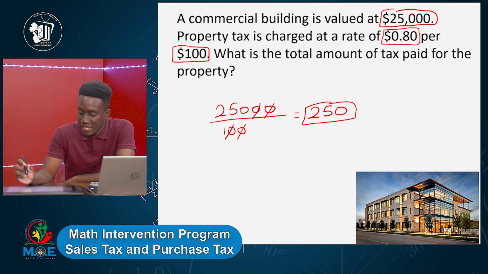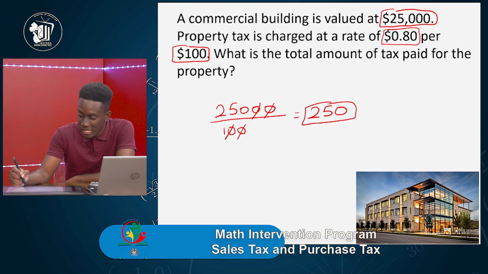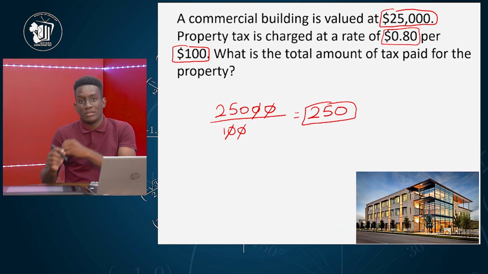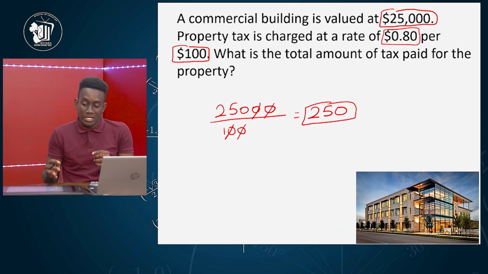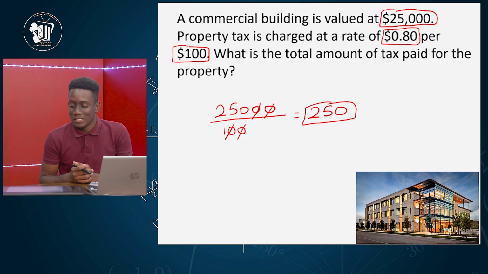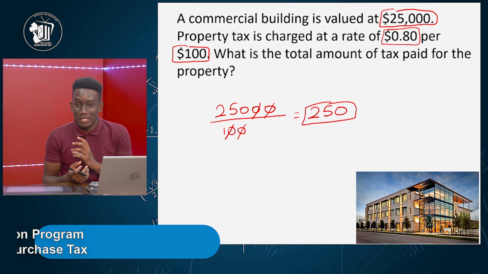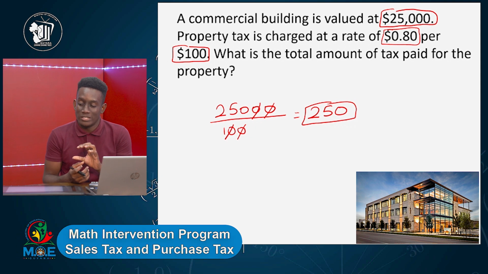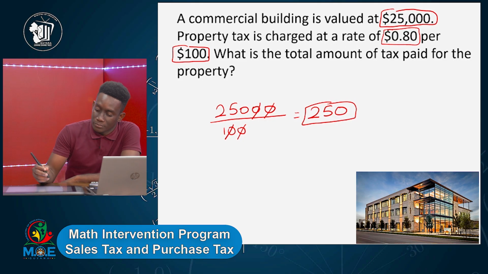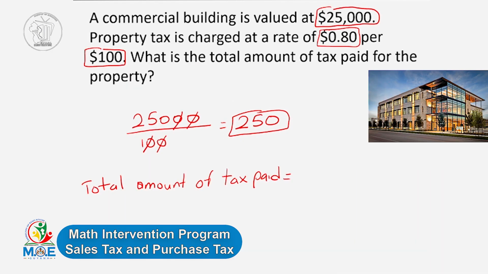To find the amount of tax paid, we take this 250 and multiply it by 0.80, because we have 250 hundreds in 25,000 and we are charged $0.80 per 100. So the total tax is 250 multiplied by 0.80.